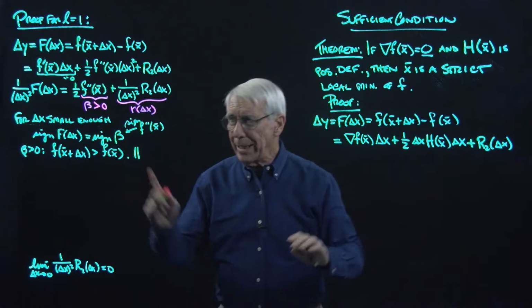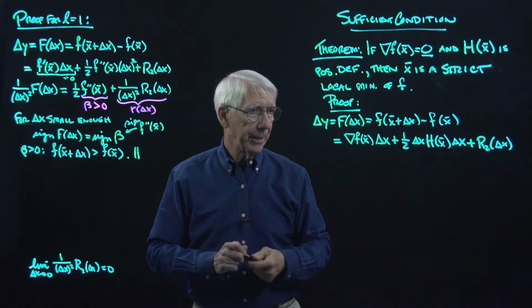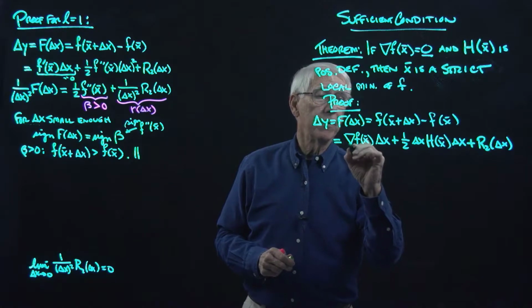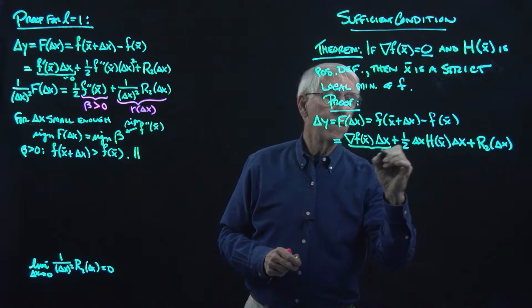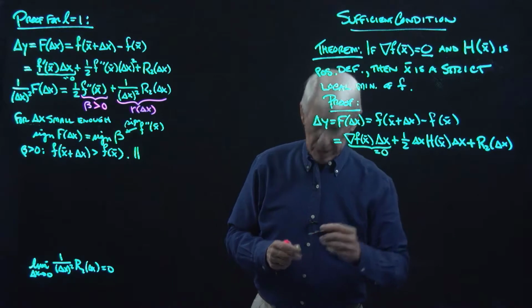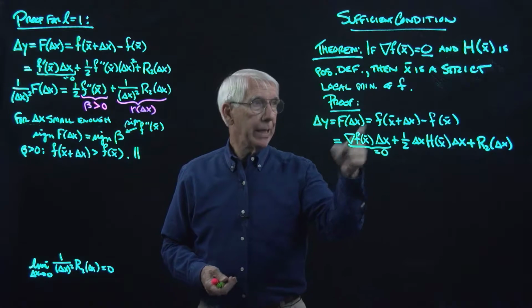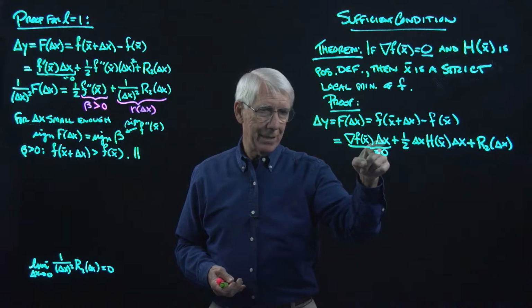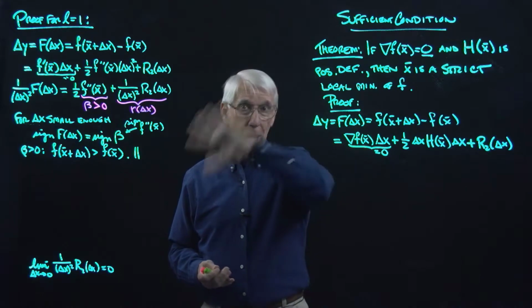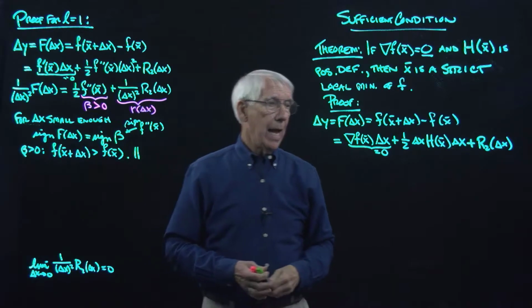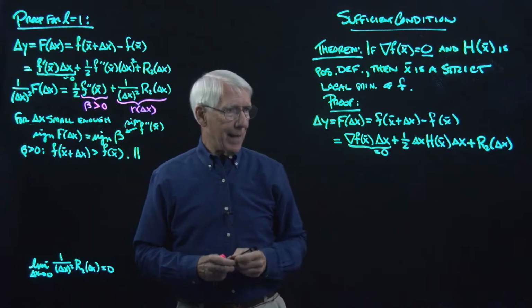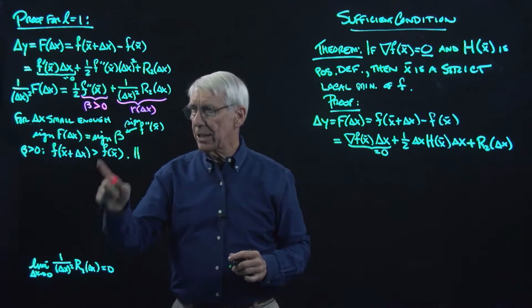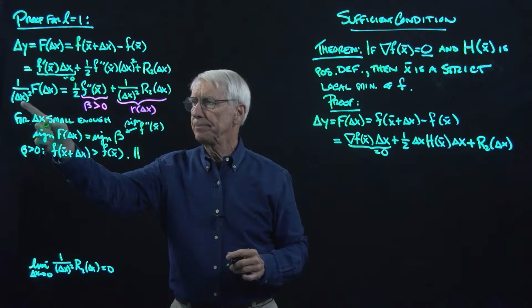We can't quite do the same thing as we did over here because, well, let's first notice that this part is 0, because the gradient is the 0 vector. So the 0 vector times any vector here is going to be 0. So that's going to drop out. And in fact, let me even go a little farther. Here I divided by delta x squared.